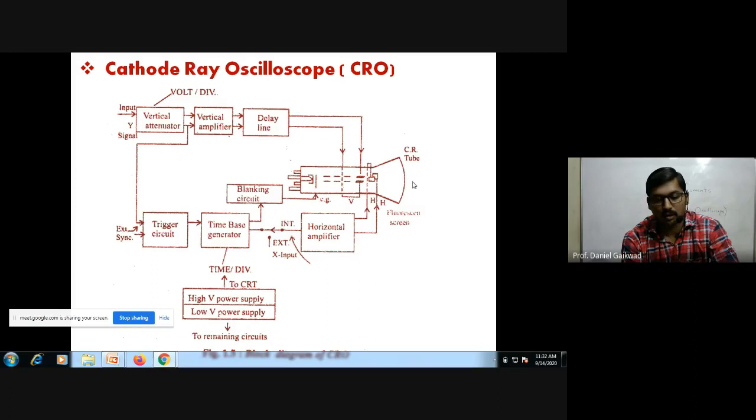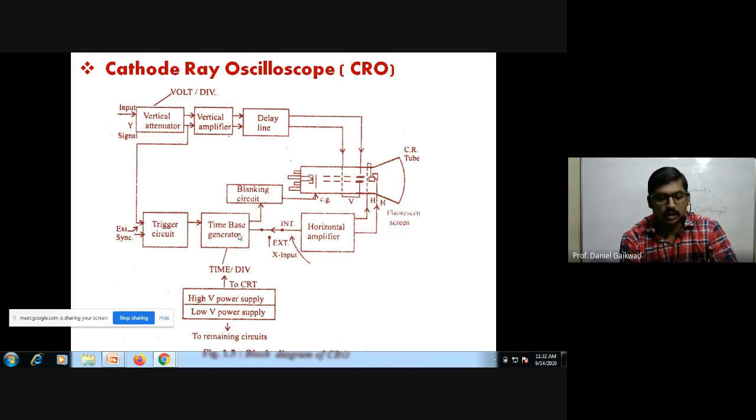So we have already learned the concept of the CRT, cathode ray tube, and all its other blocks. Now second, a small part of the vertical attenuator output: we take a small portion of the input Y signal. That portion is fed to the trigger circuit, and the trigger circuit is connected to the time base generator.